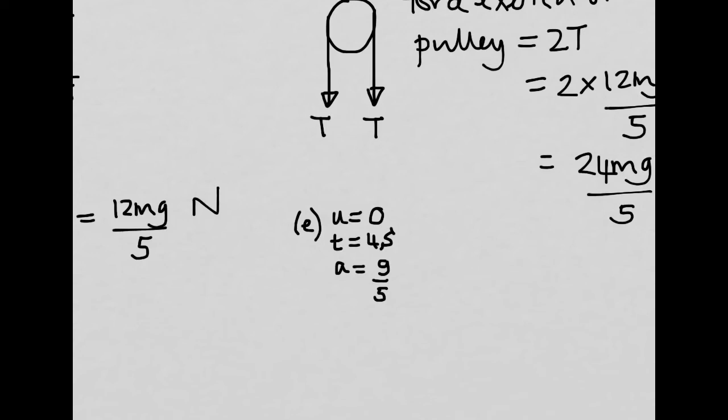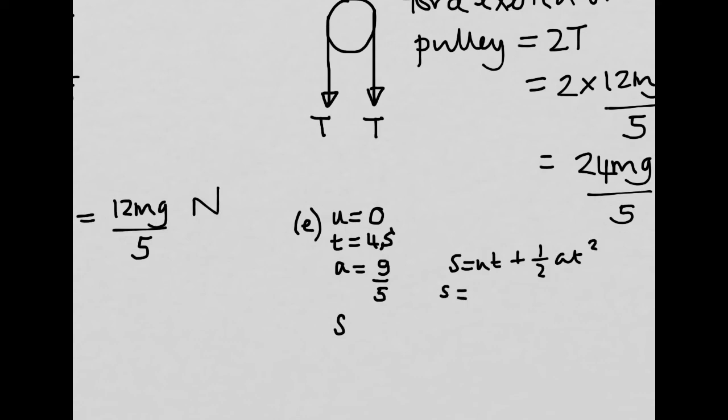And what we've been asked to find out, if you think about it, is our displacement. So this is going to be SUVAT. So which formula would I use? I'm going to use s equals ut plus half at squared.